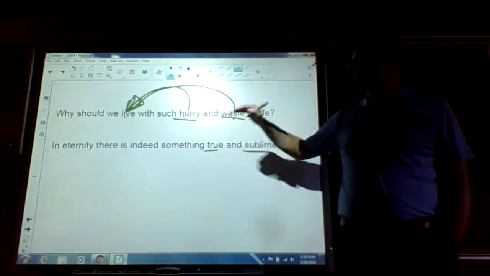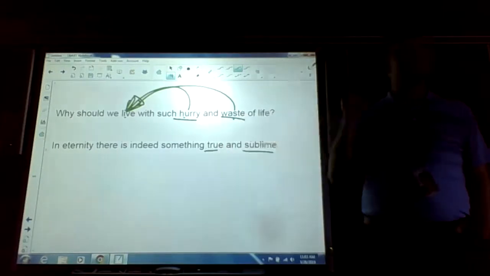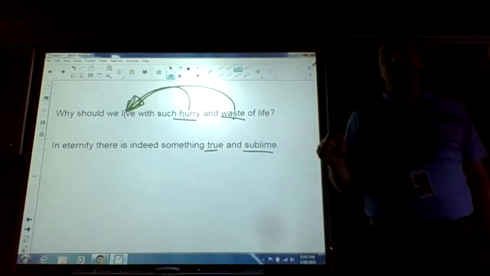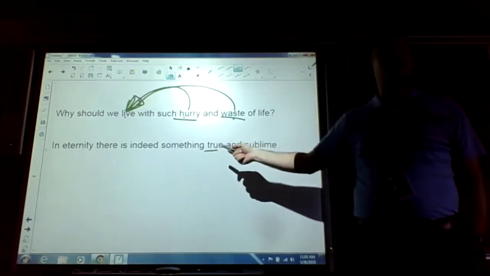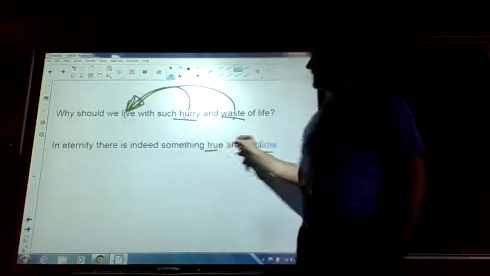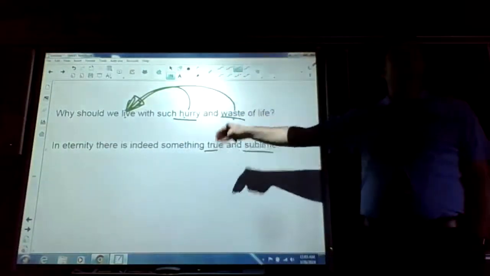Is this connecting or is this emphasizing? If you're going to say connect, you have to be prepared to say blank is being connected to blank. Most of the time, this is going to be E word, emphasis. Okay, this is emphasizing something about eternity, that it's true and that it's sublime.